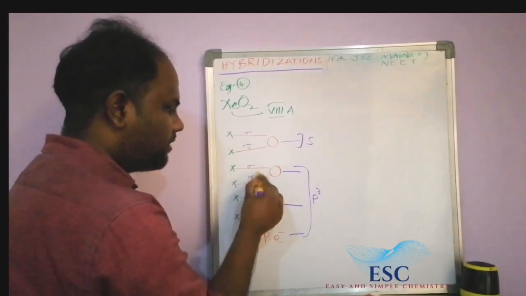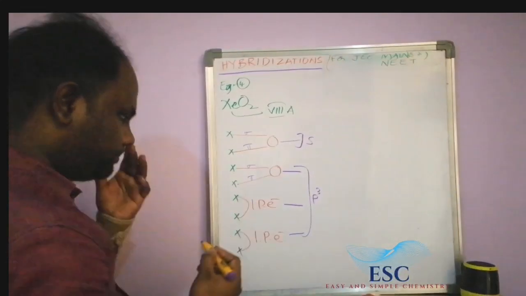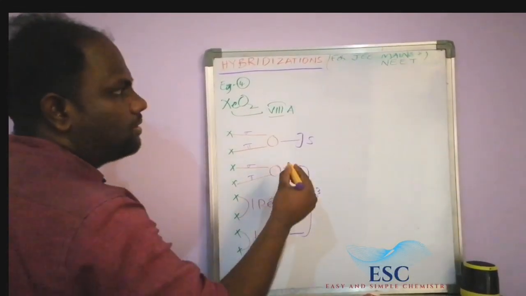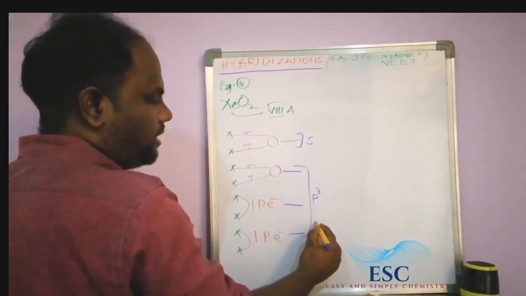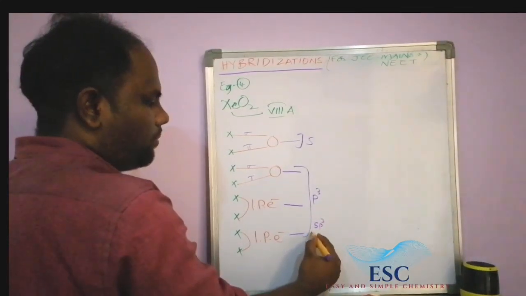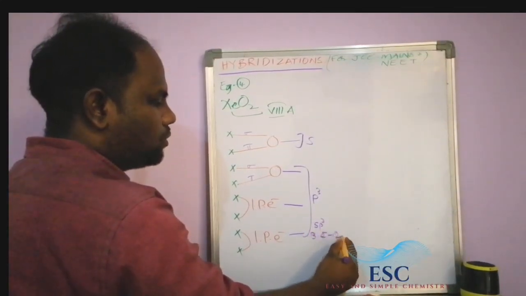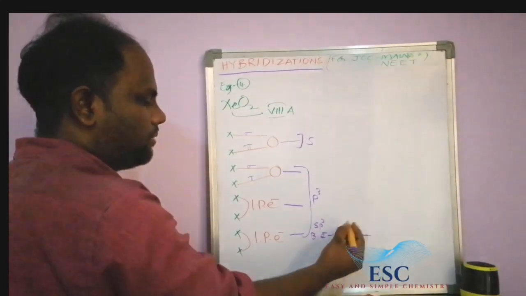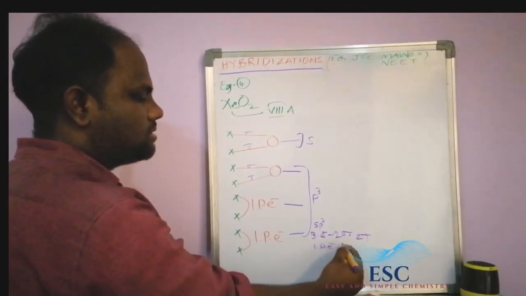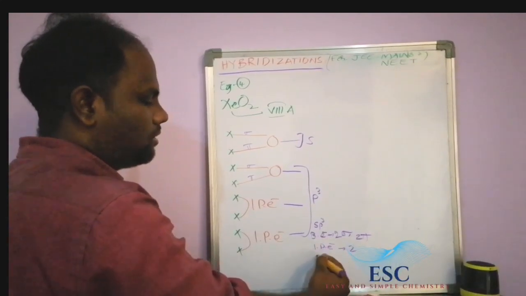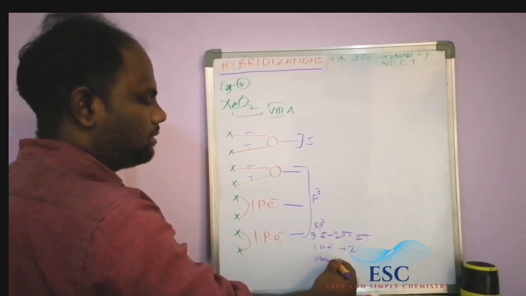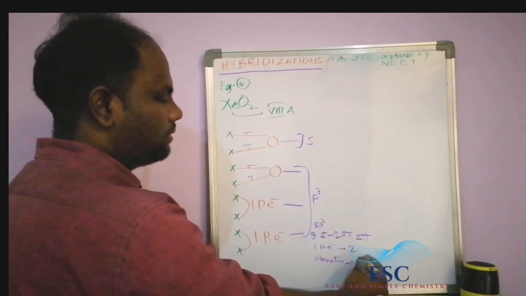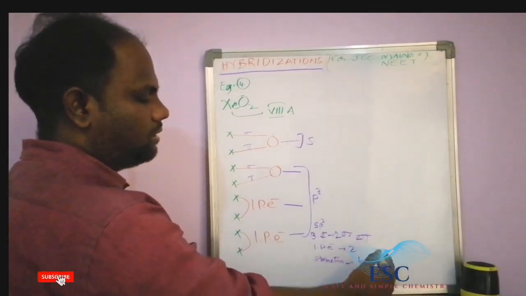So the data is: sp3 hybridization, bonding electrons are 2 sigma bonds and 2 pi bonds, and 2 lone pairs of electrons. The structure is linear.